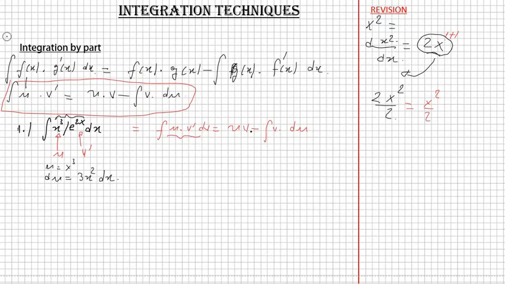Same thing for v. You need to have v and the derivative of v before you apply this formula, because this expression involves both the functions and the derivatives of those functions. We have u here, and there is a derivative of u. Same thing for v.